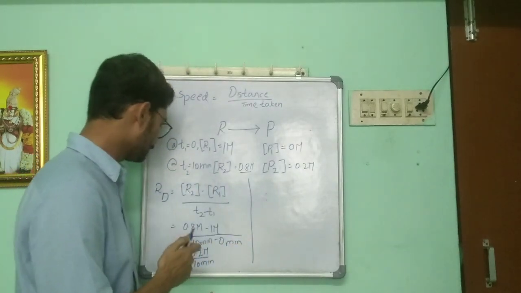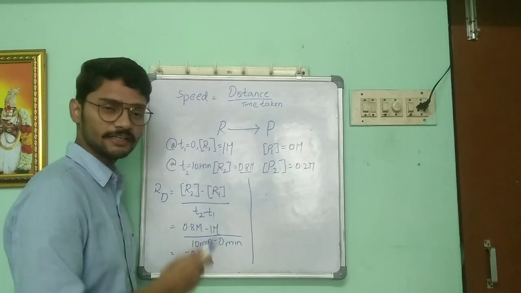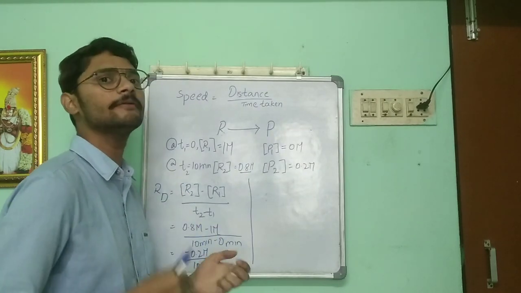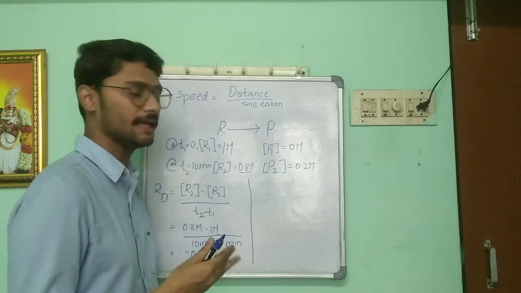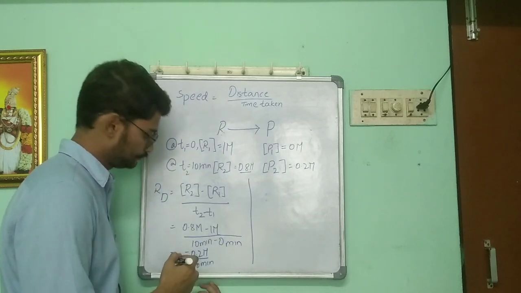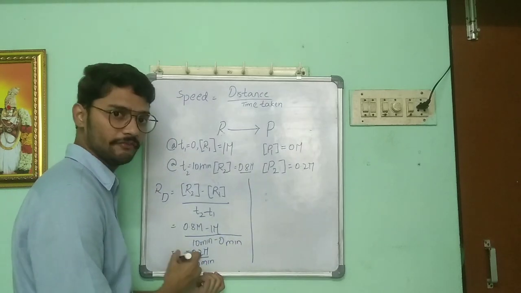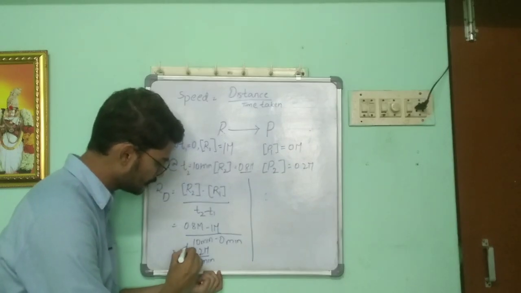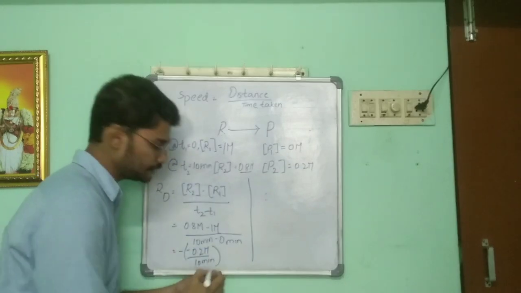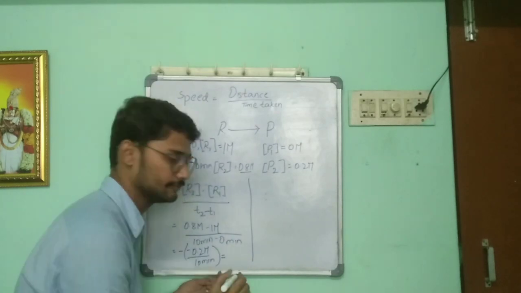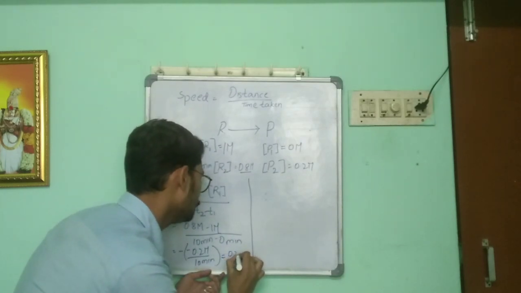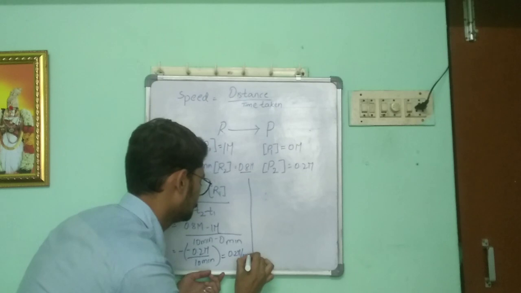In the same way, rate or concentration can never be negative. So in order to rule it out, we add a negative sign in front of it. Negative into negative becomes positive, so it is 0.2 molar per 10 minutes.